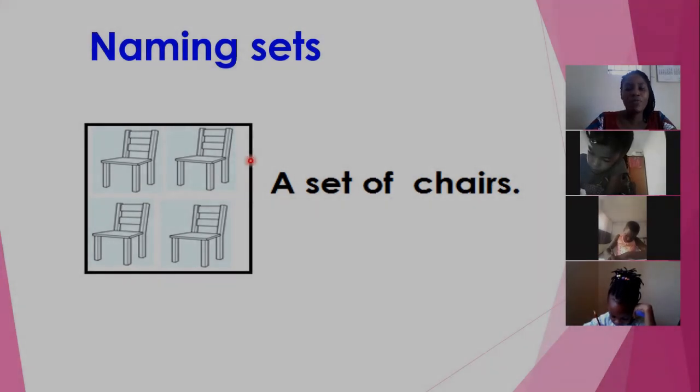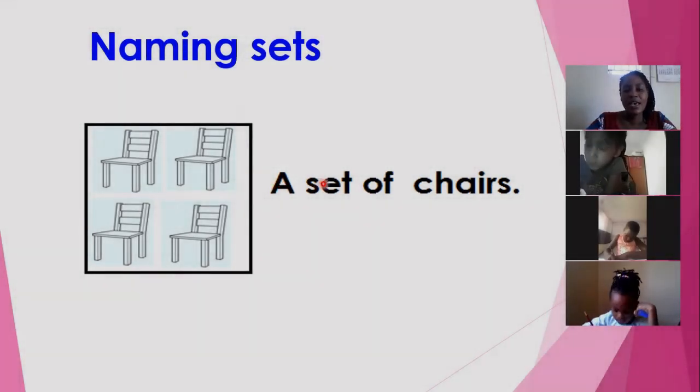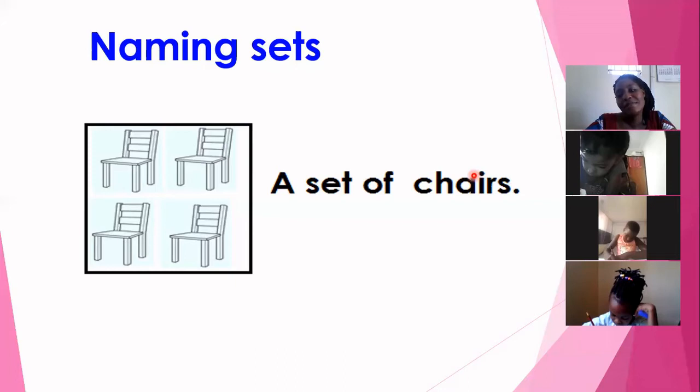So our set will be a set of chairs. I'm repeating, our set is a set of chairs. Maybe there we normally make a mistake. When we are writing the word of, we begin with letter F. Then we write the word.